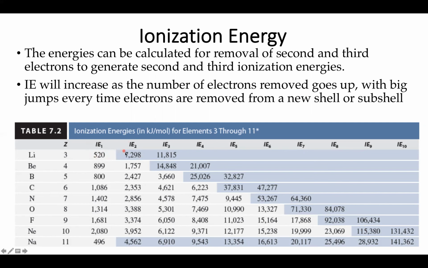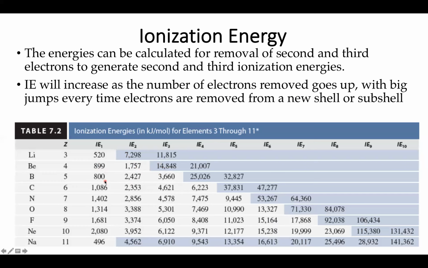So we see a huge jump every time I have to pull an electron from a new shell. Same thing with beryllium. 1 electron, fairly easy. 2 electrons, slightly harder. 3, much harder, because that third electron comes from that core group. Because as soon as I'm pulling from core electrons, we see these big jumps.